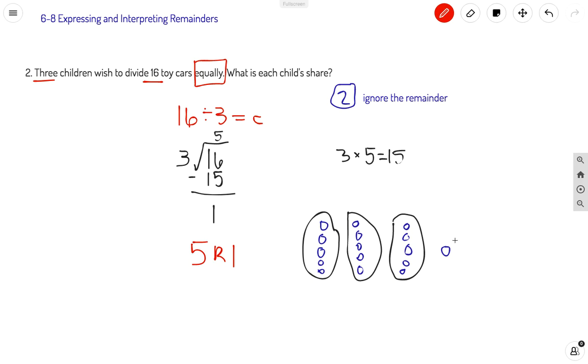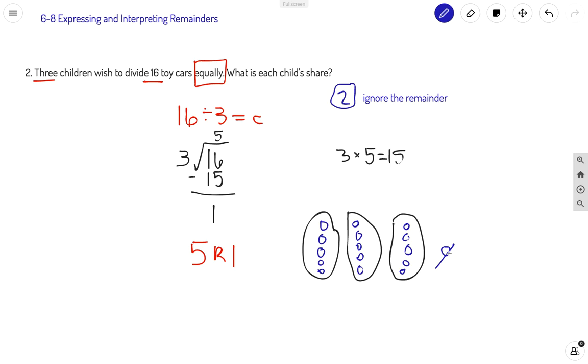It's not possible. We can't divide it up. So in this case, we just ignore the remainder. So each child gets 5 toy cars. Maybe the last one you can give to a sibling to play with. So that's our second way that we can interpret or express remainders.